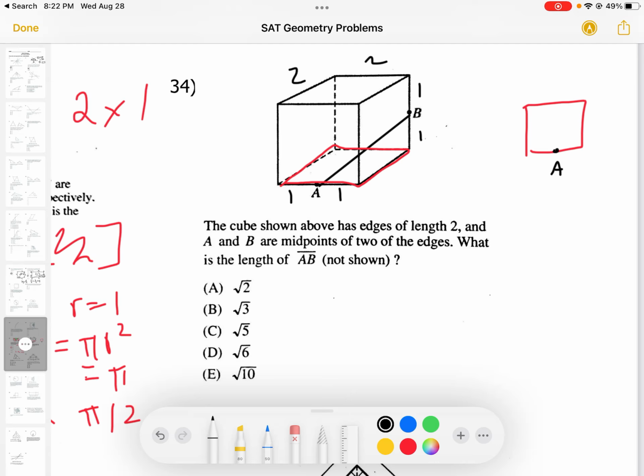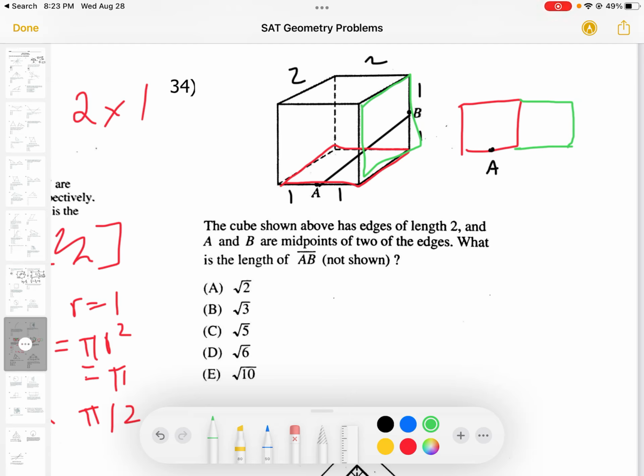And when we unfold this cube, this green face right here will be to the right of the bottom face. Let me move it over here. So this green face right here will be right next to the bottom face in red when unfolded to the right. And B will be right here.